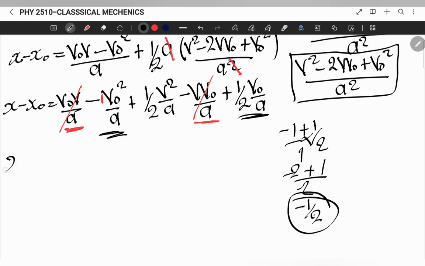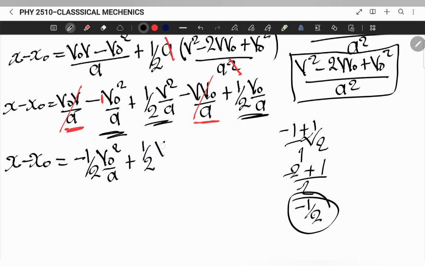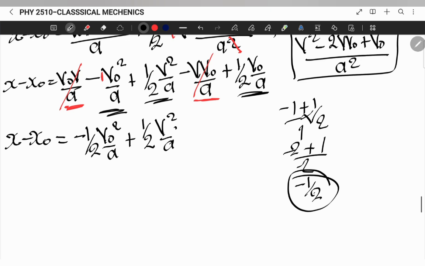So it will be x minus x naught is equal to minus half of this. Okay, then plus this, half v a. All right, so now when we are here, we don't want to have this fraction, so what we are going to do, we are going to multiply by the denominator.